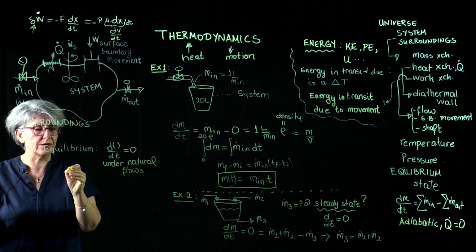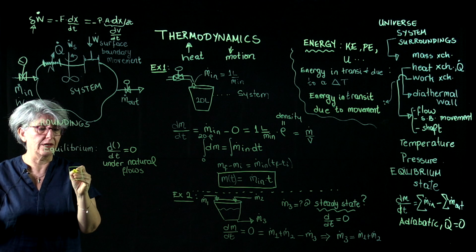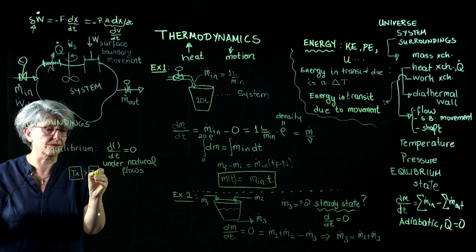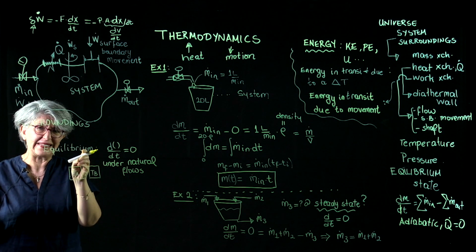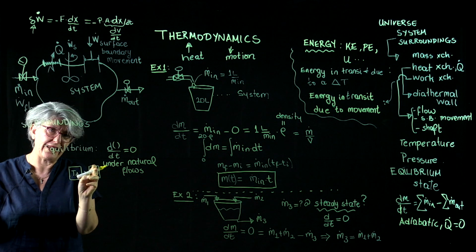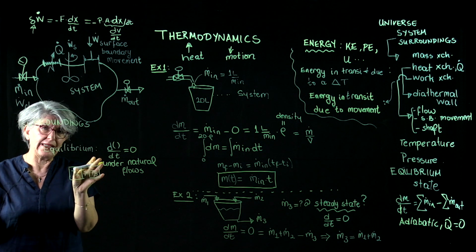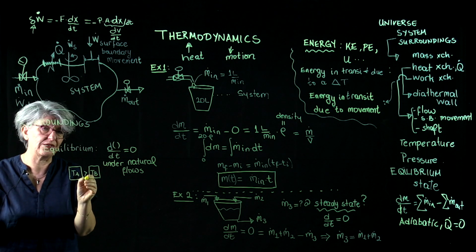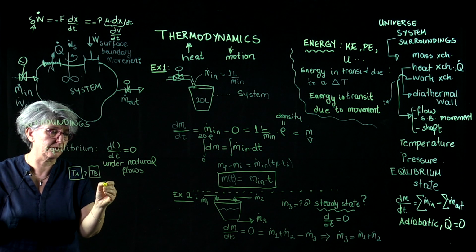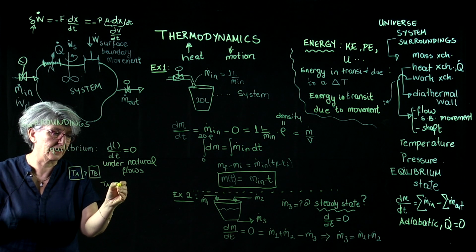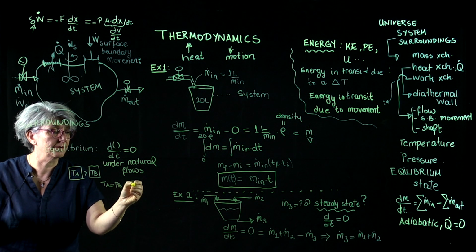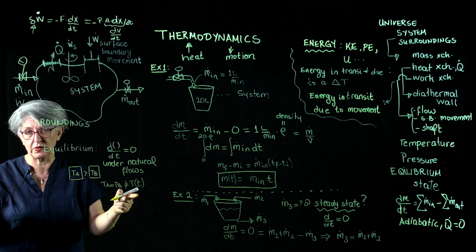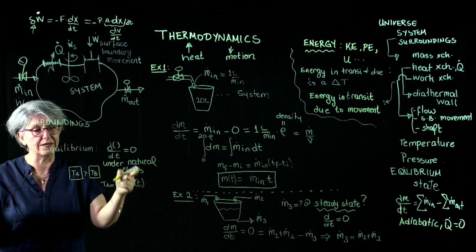We have two blocks, TA being greater than TB. We let energy flow from A to B in the natural direction until the temperatures are equal and they do not change with time. Their time derivative is 0.